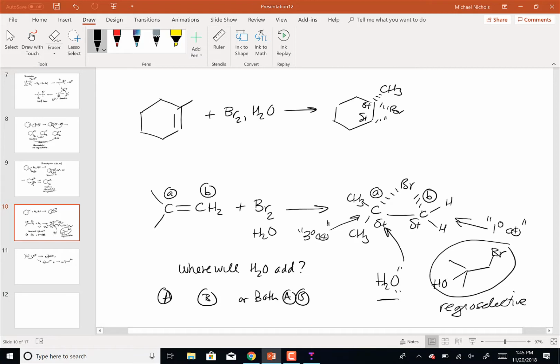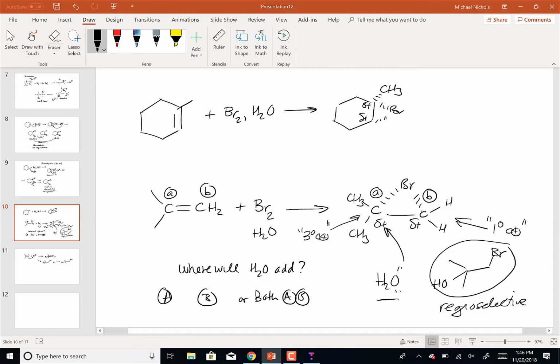But I'm going to go back to that triangle because the reason I'm doing this is because we need to deal with the triangle. We have to be able to determine where the nucleophile is going to add in a triangular intermediate because we've got at least 3 more triangular intermediates that we're going to deal with.